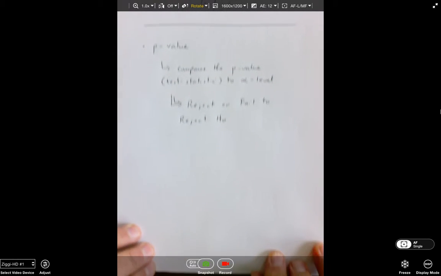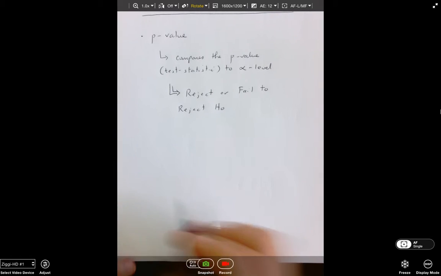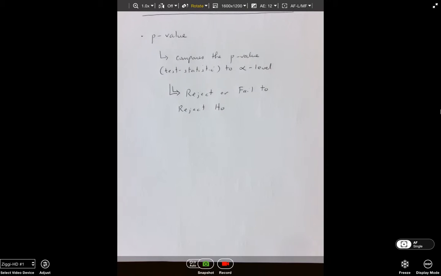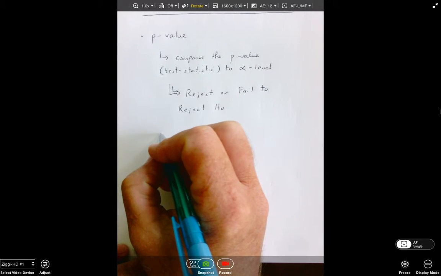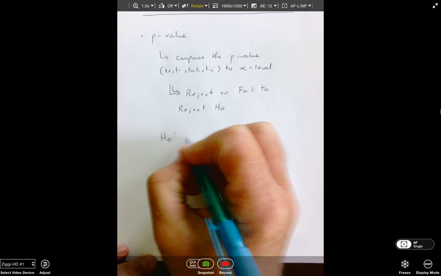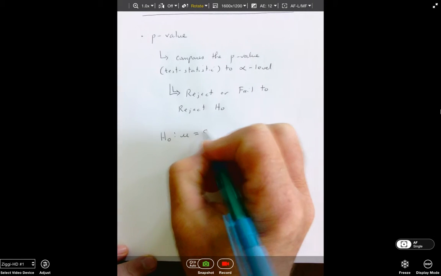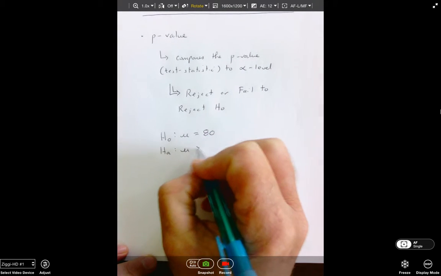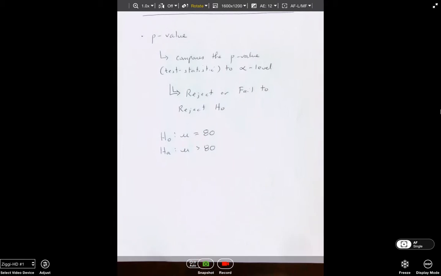Now, I'm just going to bring up a problem that I did in the previous video, if I can remember it. I think I said we were going to test that the mean final exam score for students taking Math 1500 was higher for online students than it was for traditional students.